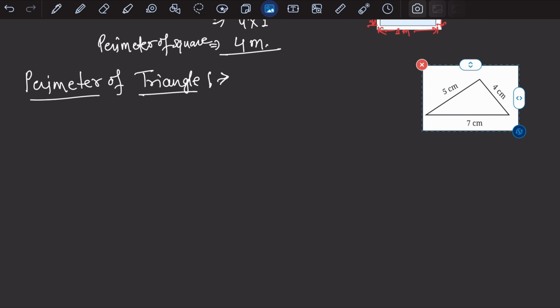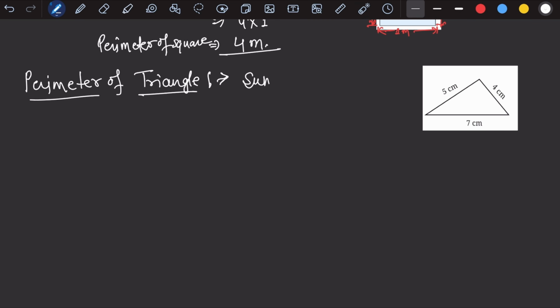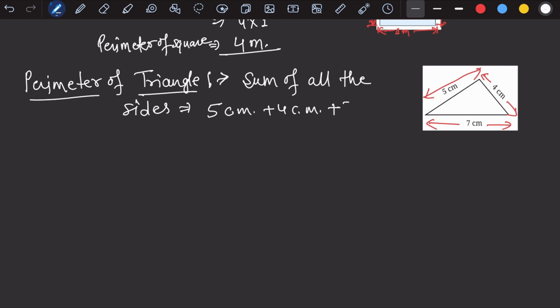Now if you want to calculate the perimeter of a triangle, then it is the sum of all the sides. Now you can see here, this side is 5 centimeter, this side is 4 centimeter, and this side is 7 centimeter. Okay, so we sum all sides, means 5 centimeter plus 4 centimeter plus 7 centimeter. So the total will be 16 centimeter.